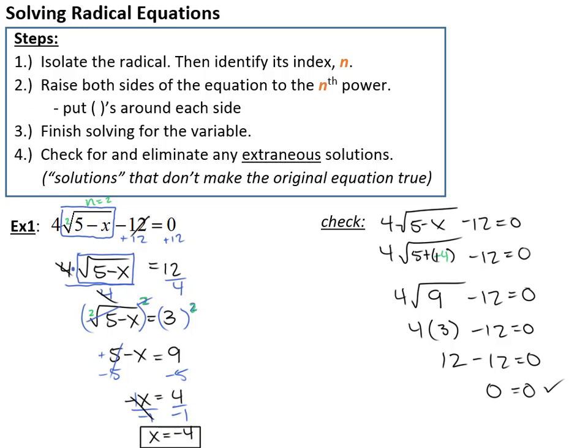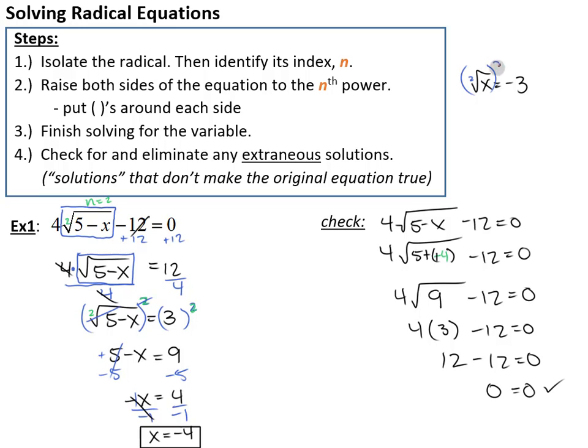However, it is possible to come up with incorrect solutions. So for instance, let me give you an example. What if we had the square root of x equals -3? If I was following the steps, I'd isolate the radical. It's already isolated. We'd identify its index. It's a square root.